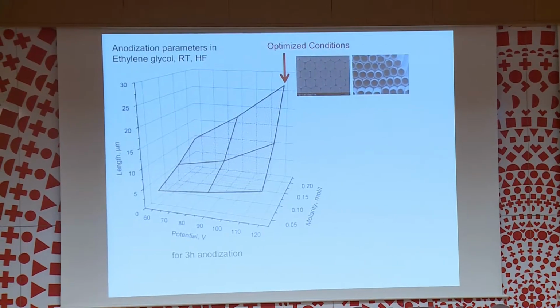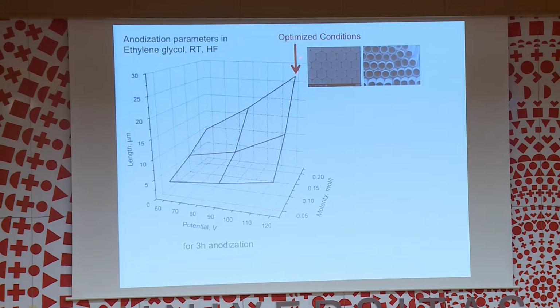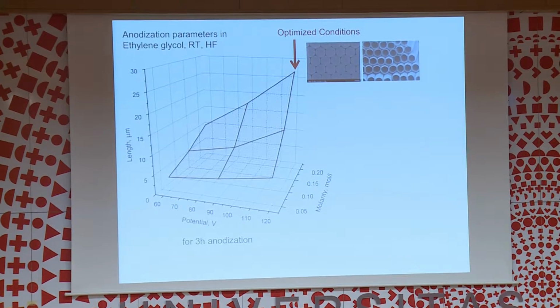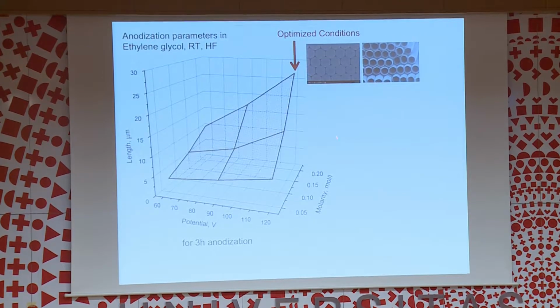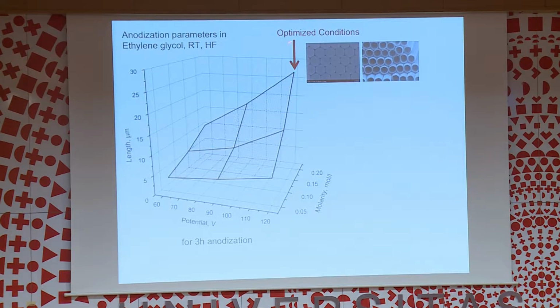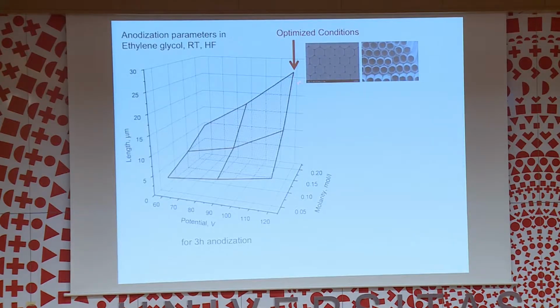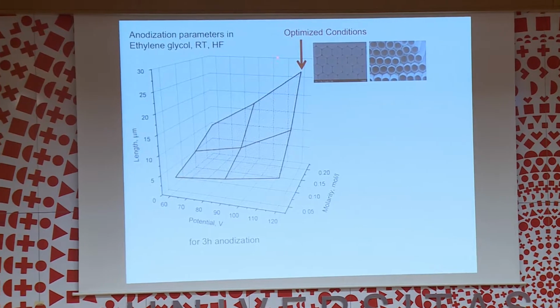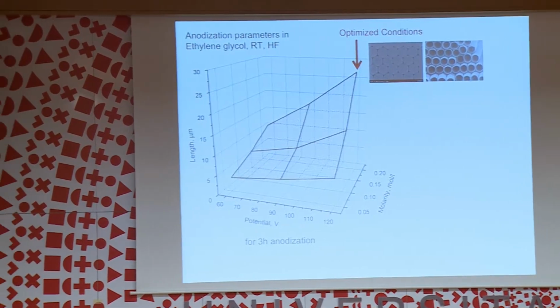You see that these tubes grow fastest under certain conditions. There's almost like a singularity. If you want to grow them faster by increasing the voltage or the concentration of fluorides, you cannot do it anymore. You just cannot grow tubes anymore. So there is one point in this diagram where you get the highest degree of self-organization.